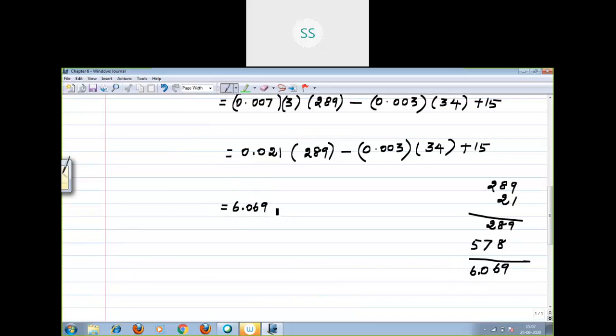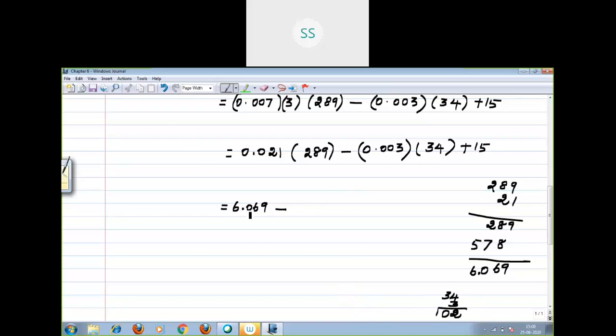069, minus the same way 0.003 into 34. That means 3 fours are 12. 34 into 3: 12 remaining 1, 9, 10. Here also, after the decimal 3 points are there.